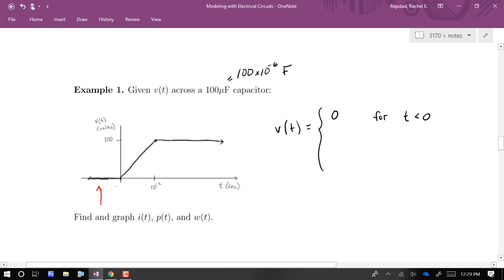So we've got 0, 0, and then 10 to the negative 2, and 100. So that rise over run is 100 divided by 10 to the negative 2. That's actually going to be 10 to the 4th, or 10,000. And so this part is just a line of slope 10,000 going through the origin. So that's 10,000 t.